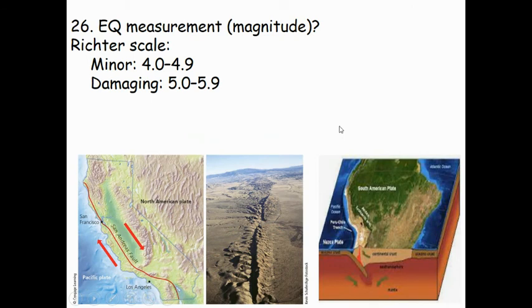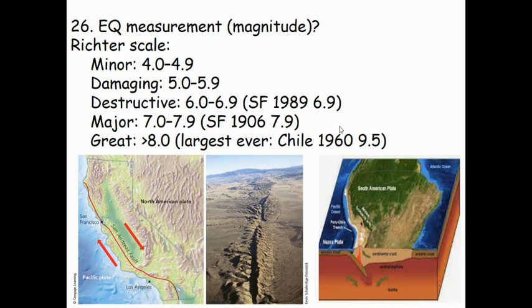All right, so earthquake measurement, magnitude. We use something called the Richter scale. Minor earthquakes are going to be 4 and less. Damaging earthquakes are going to be in the 5s. Destructive earthquakes are going to be in the 6s. The Loma Prieta earthquake was 6.9.